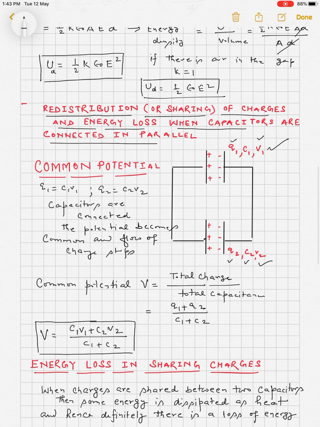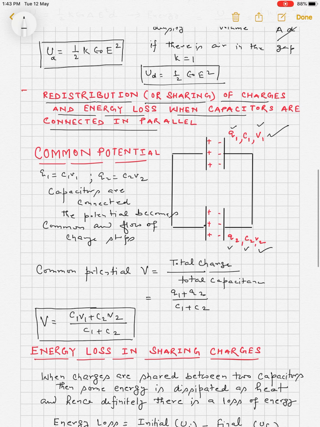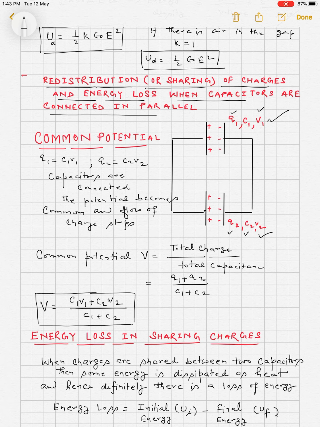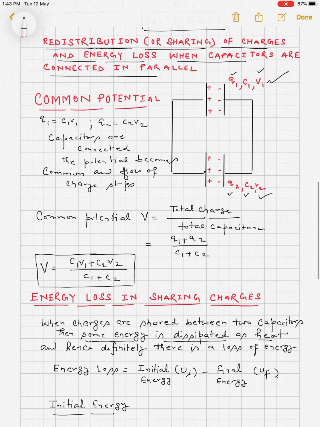Now when these are connected, definitely the charge flows, and during the flow of charge some heat is generated, that is there is an energy loss. So when charges are shared between the two capacitors, some energy is dissipated as heat and hence definitely there is a loss of energy.